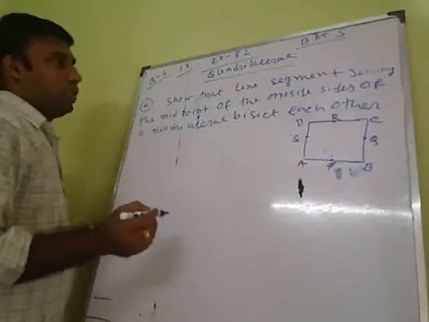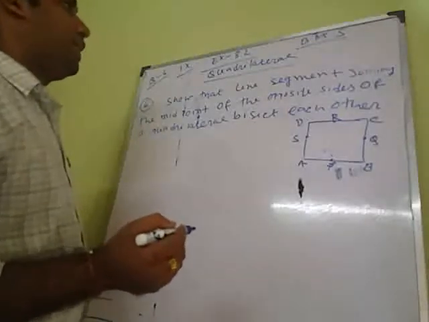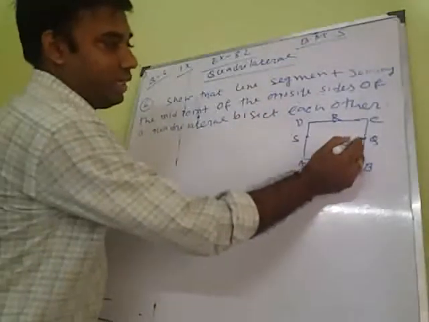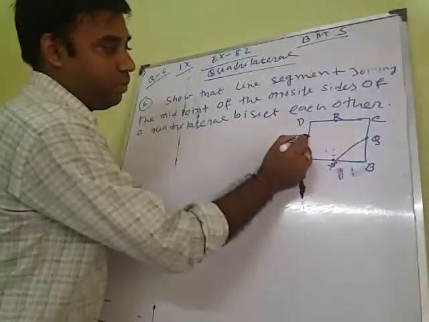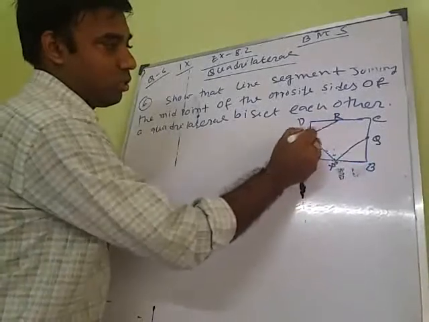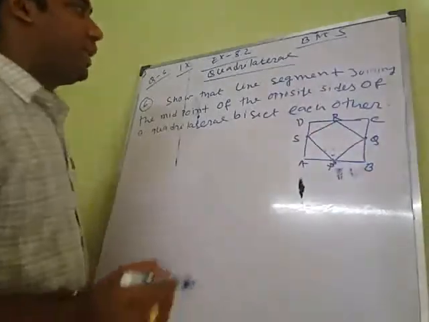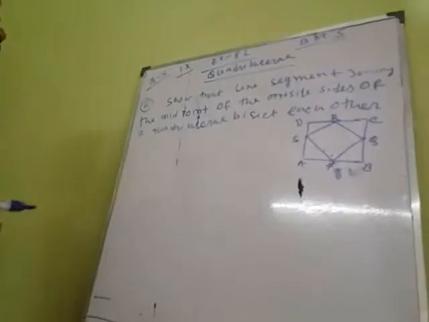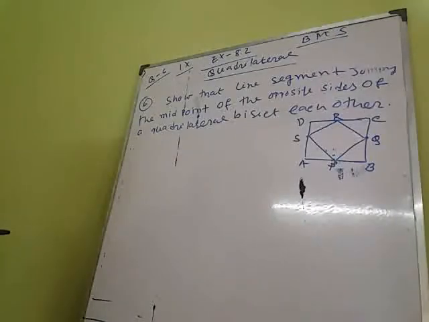Now the line segments joining them. Joining PQ, QR, RS and SP, we get a quadrilateral. The line segments joining the midpoints of opposite sides of quadrilateral ABCD bisect each other.